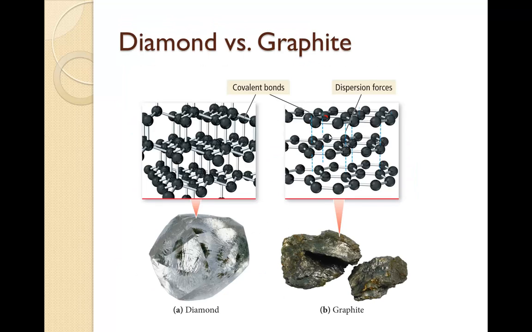You might very vaguely be able to see, maybe kind of difficult, that there's little hexagons embedded there. And the hexagons are then fused together, and then these sheets are held together by dispersion forces, which just makes it crumble.